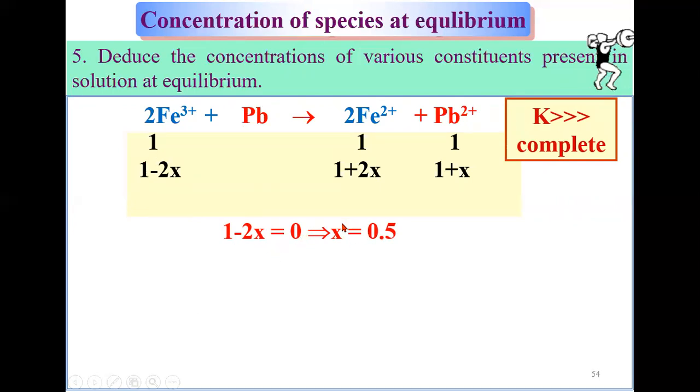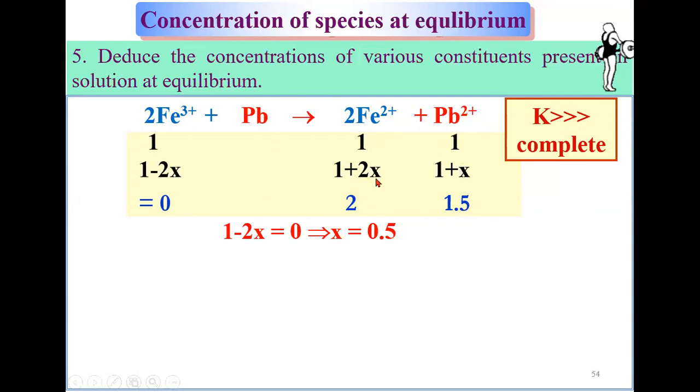And you get the amount reacted is 0.5. So substitute in to get the equilibrium concentrations, and voila, 0 on the reactant side. The product, if you put for x 0.5, you get the iron 2 plus is now 2 molar, and the lead is 1.5 molar.